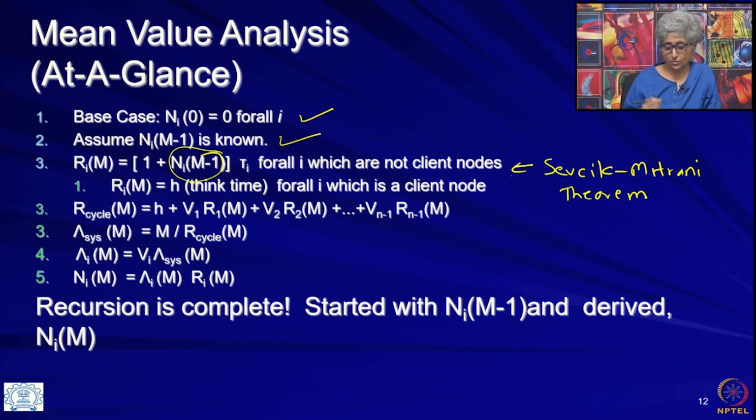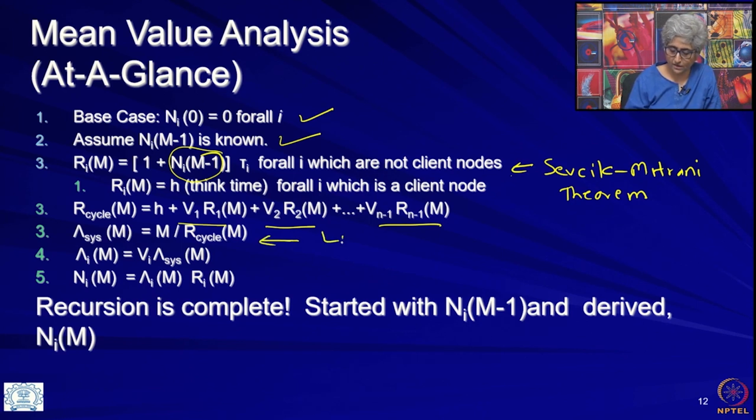That is the beauty here, and that is what we get from the Sevcik-Mitrani theorem. Of course, R_i(m) is equal to the think time for anything that is a client node. We get cycle time by just common sense: we multiply by the visits, and that is how you get the cycle time.